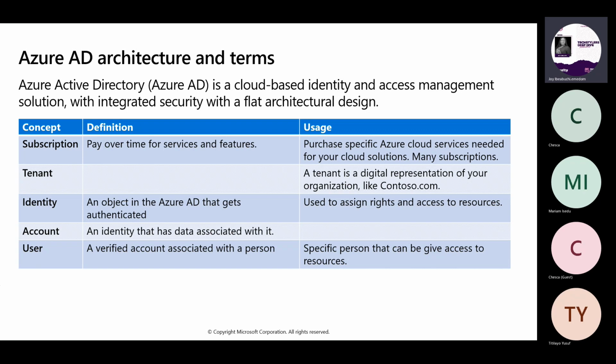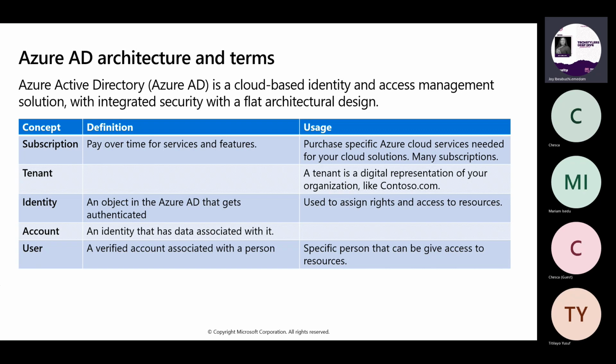So everybody has a tenant, because people will ask, how is Microsoft able to segment Joy Limited from Miriam Limited, when all of us are using Microsoft Azure Active Directory? It is because you are provisioned on a tenant-to-tenant basis.